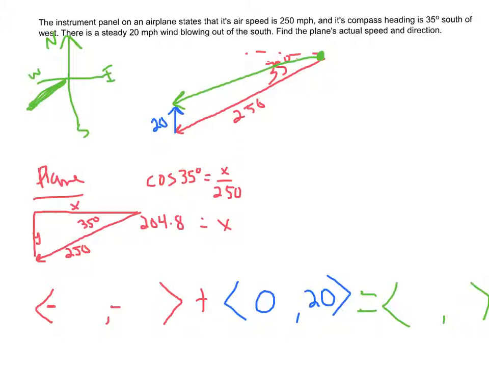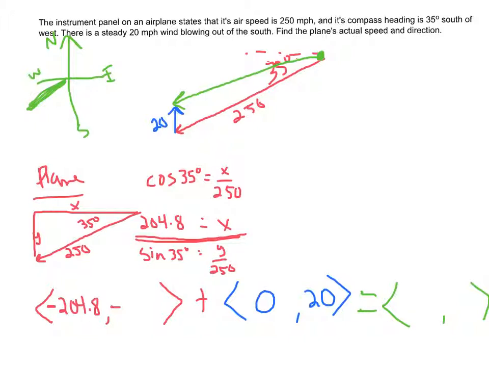So it's heading in the x direction, or to the west, at a rate of 204.8 miles per hour. And since it's heading west, that's kind of negative on our coordinate plane, so that's why it's negative 204.8. So to figure out the y component, we're going to do sine of 35 degrees equals y over 250.